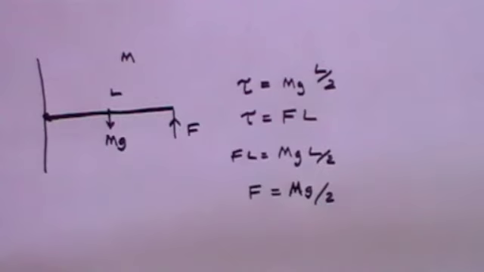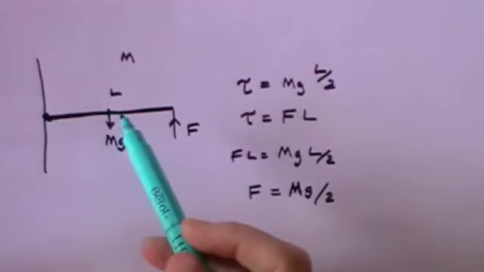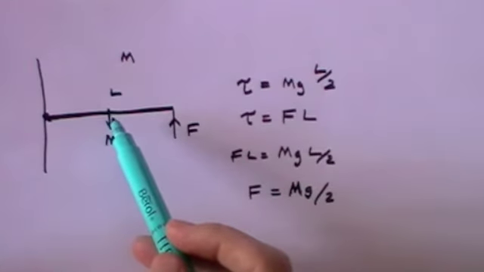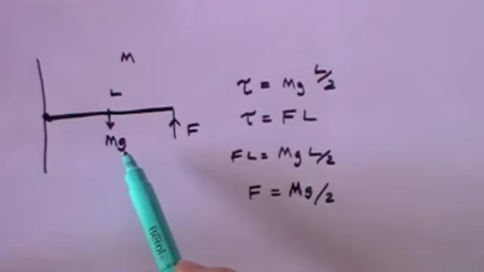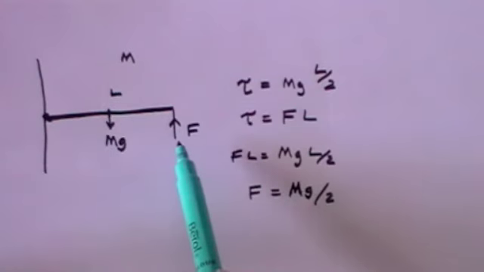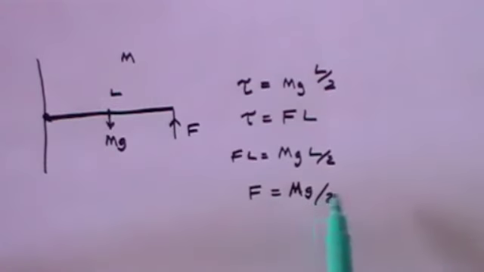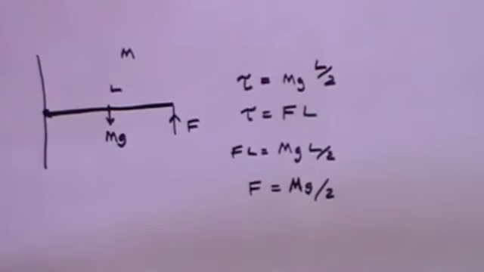And that might lead you to a puzzle. After all, the total force of the rod acting downwards is Mg. How can I hold it up with only Mg/2? There seems to be a disparity. But of course there can't be. The total force acting in both directions must be 0.